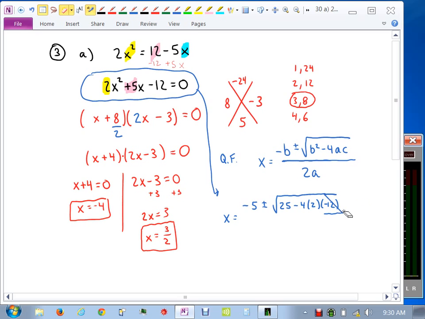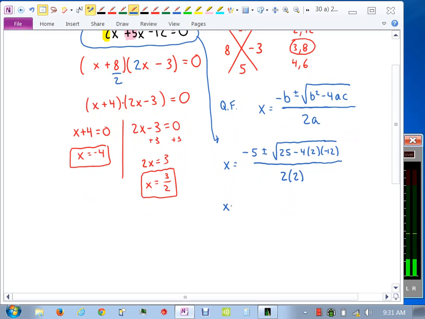All of it divided by 2 times a. Remember, a was 2. So I get x equals negative 5 plus or minus square root 25. And then over here, when I put these numbers together, I'm just going to look at the 4 times 2 times negative 12. That's 8 times negative 12.